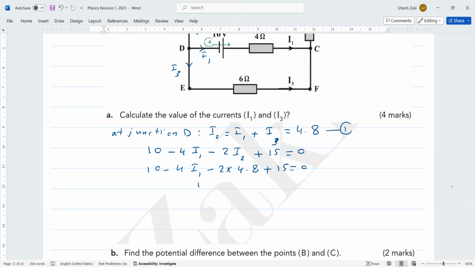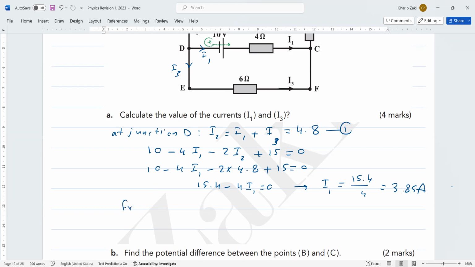So 15.4 minus 4 I1 equals 0. From this, we can get I1. It's 15.4 divided by 4. The answer is 3.85.